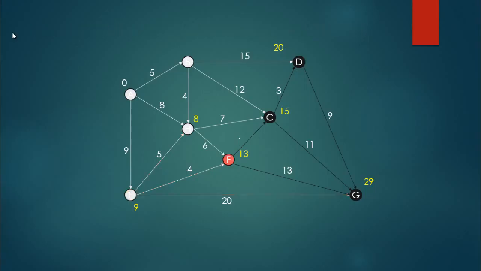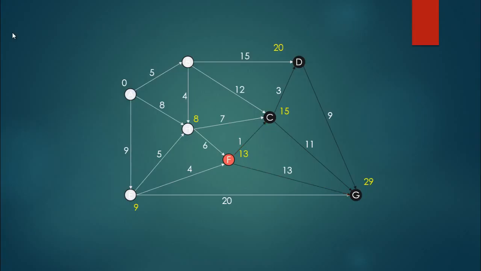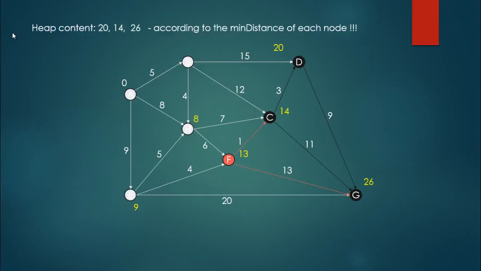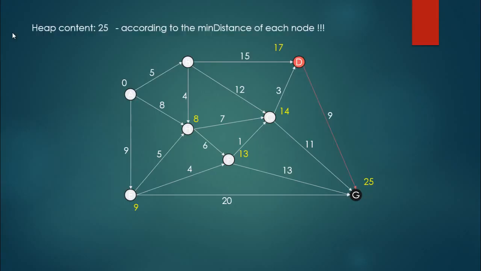So 13, and we are going to visit each of its neighbors, and we come to the conclusion that there's an even shorter path from the start vertex, which is A, to C, with the help of F. So we can go through this F, and we update the minimum distances accordingly. Then we go to C and visit its neighbors. Then the D, because 17 is smaller than 25, and we are going to update if necessary. And the last node is G.